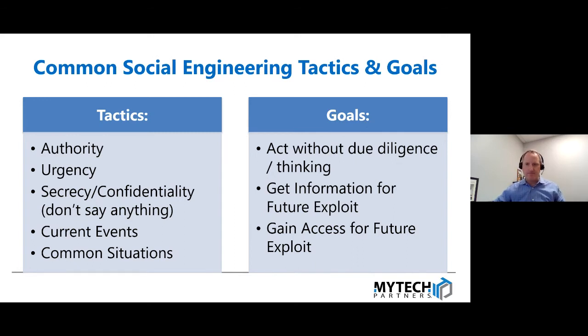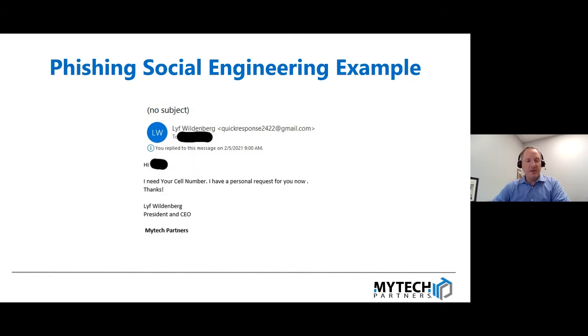So here's an example. This is a phishing example that was a legitimate one that actually worked on our organization. Again, these are things that we are always trying to improve on, but it actually worked. Someone had found the executive assistant, or one of the reception folks of our organization who answered the phones and worked with the CEO, and so they emailed this person in the CEO's name.